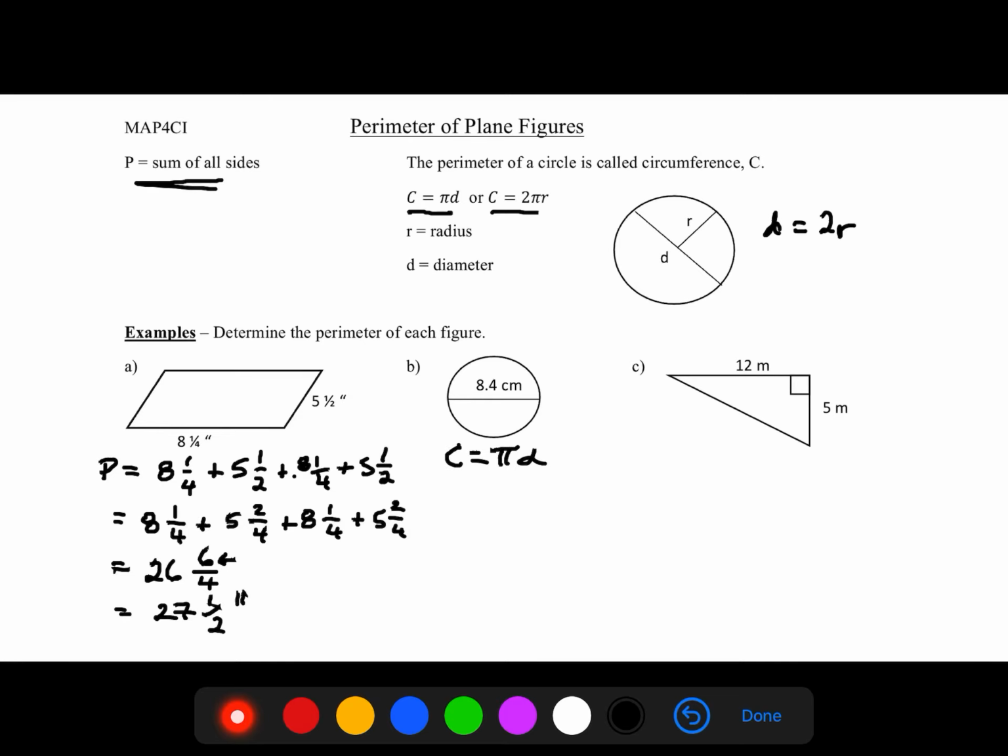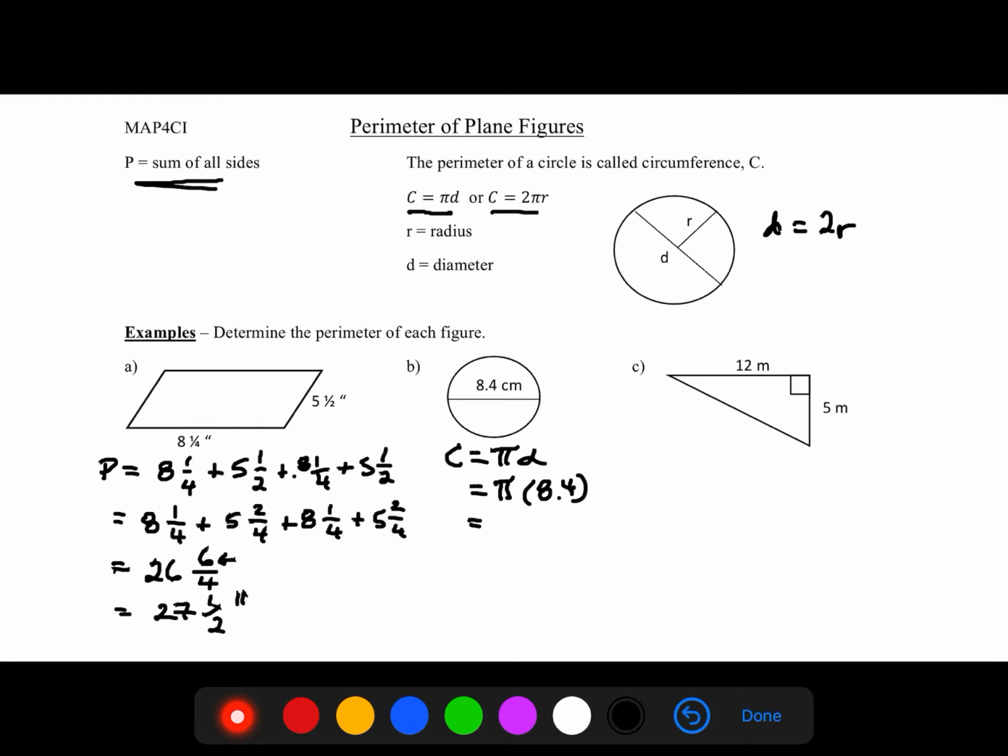For part B, we are given our diameter measure. So we're going to use our formula C equals pi d. And we're going to use our pi button in our calculator so that our answer is as precise as we can get. So we're going to leave pi as it is right now, and we're going to sub in our 8.4 for our diameter.